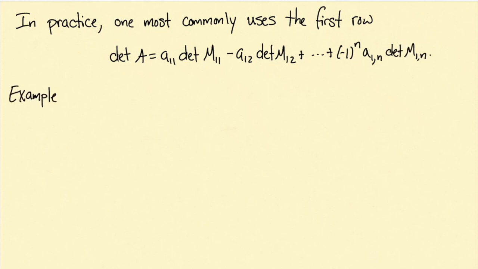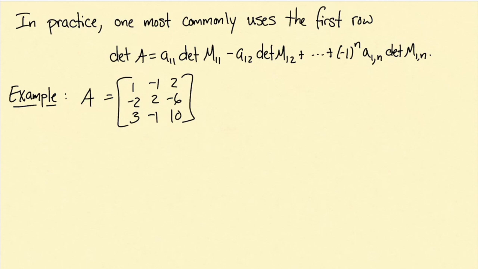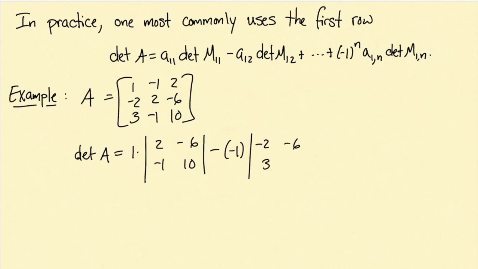So to exemplify this, let's compute the determinant of our 3 by 3 matrix. Using the cofactor expansion with the first row, we see that the determinant of A is the determinant of M11 plus the determinant of M12 plus twice the determinant of M13.